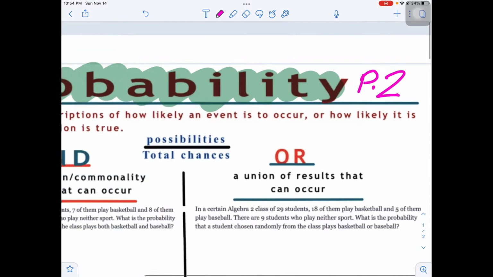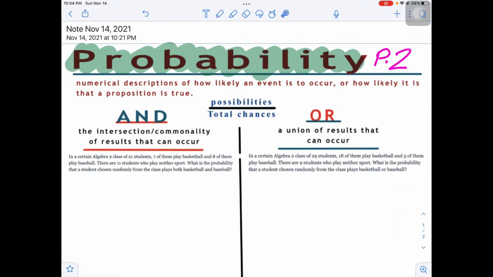Just as a review, we remember that probability, in the mathematical definition sense, is a numerical description of how likely an event is to occur, or how likely it is that a proposition is true. So, in regular words, it's what are the chances that something will happen?